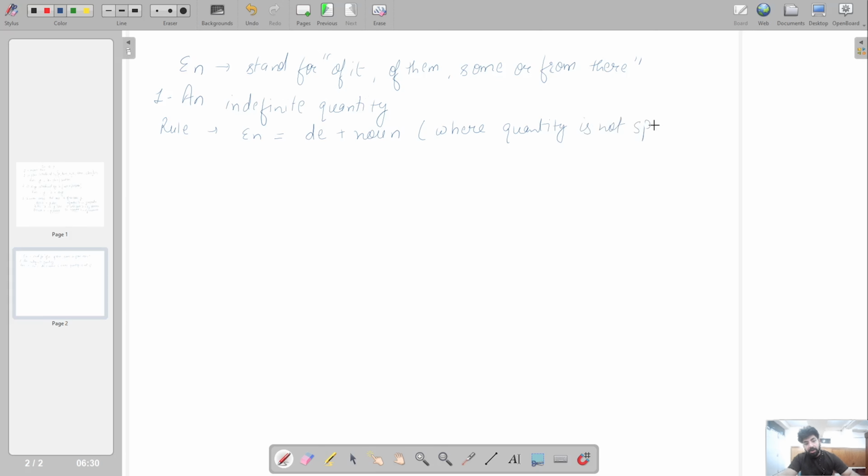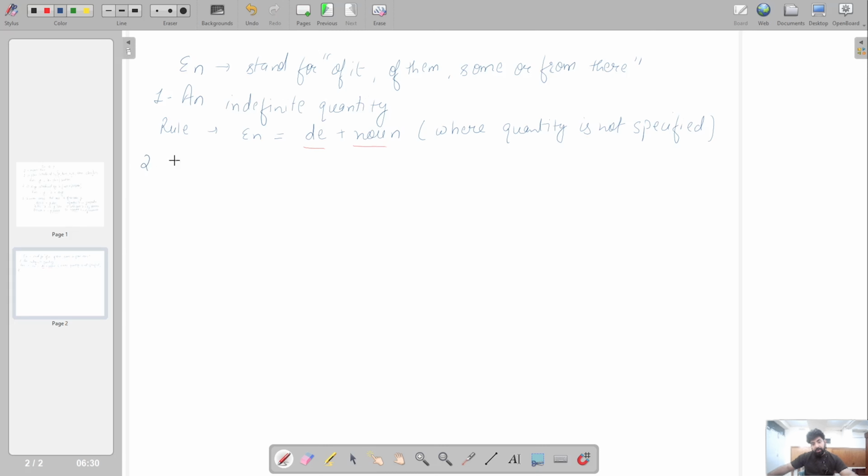So in the entire passage, if there is any case where this de is coming with a noun and without specifying the quantity, we know that it's a case of en. All right, so let's move to the next one.